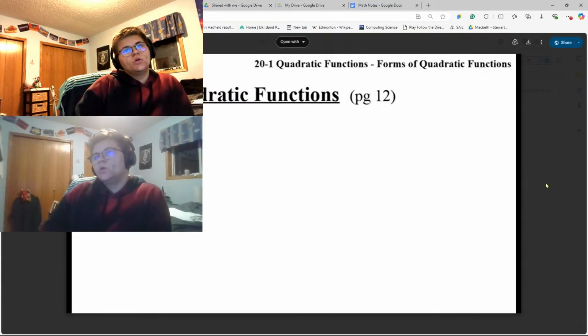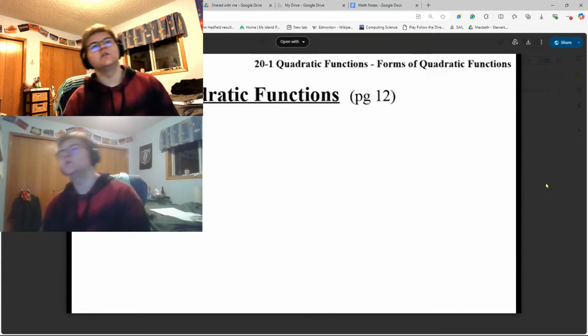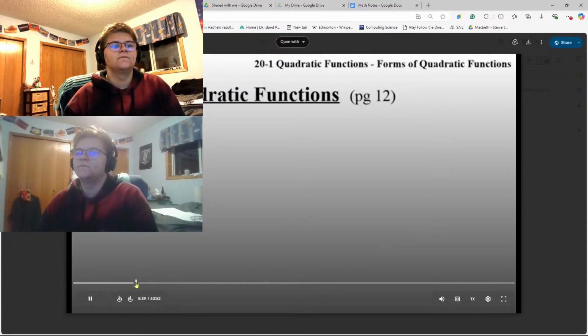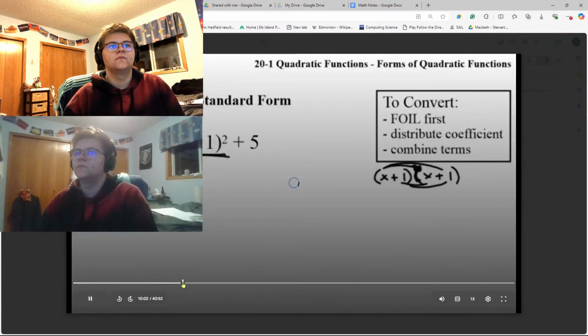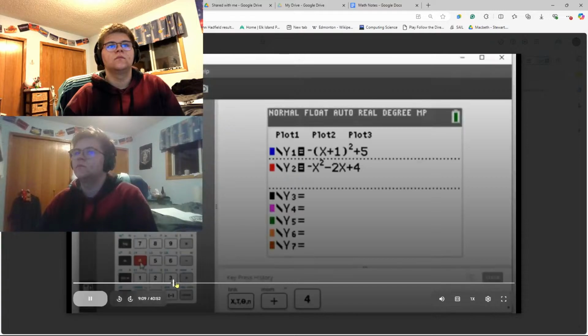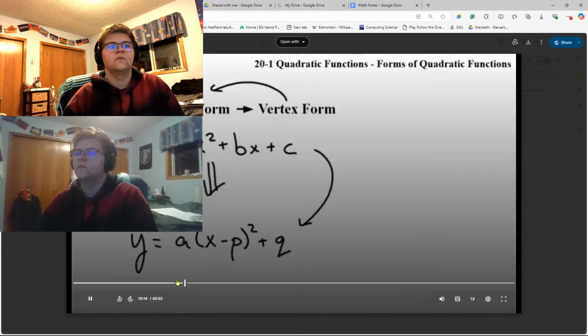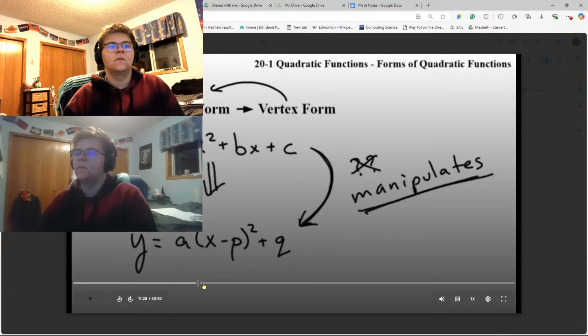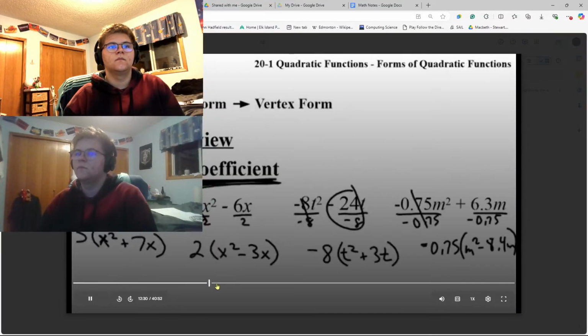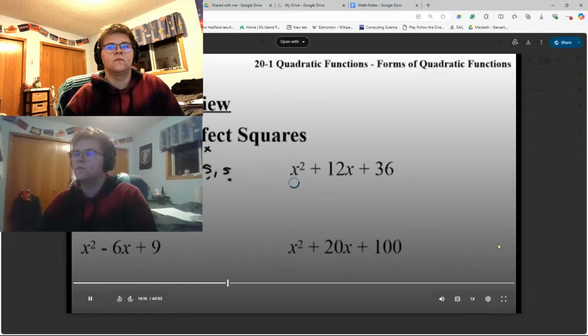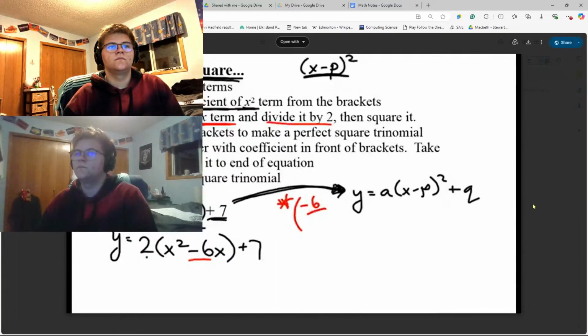This exciting quadratic function unit continues. For the graph we're going to do steps and processes. This second one, x divided by 2, and then we're going to square all that.